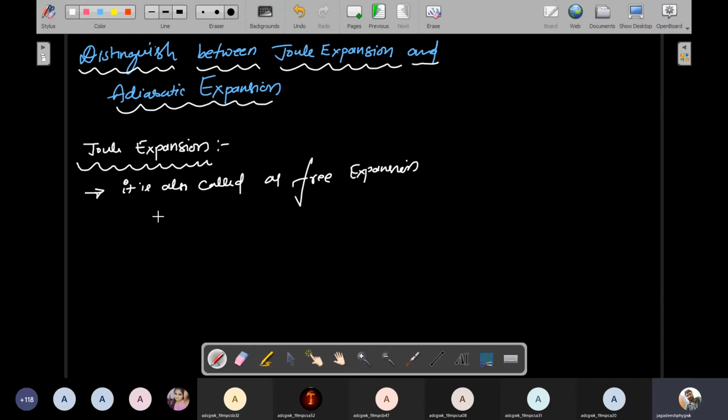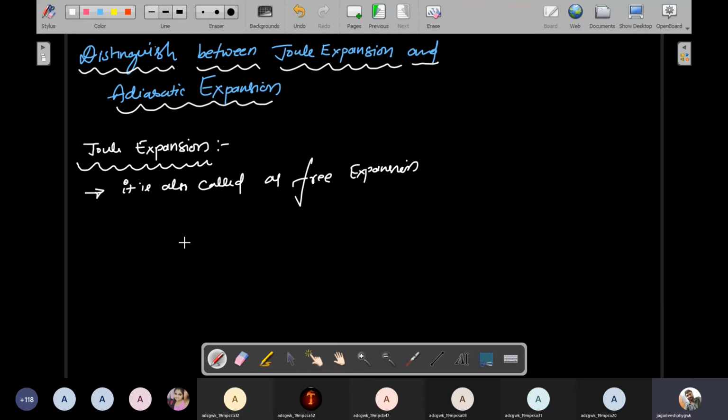Remember, if the gas is expanded into vacuum, we can't do any external work using that gas. Hence it does no external work. So it is also called free expansion.